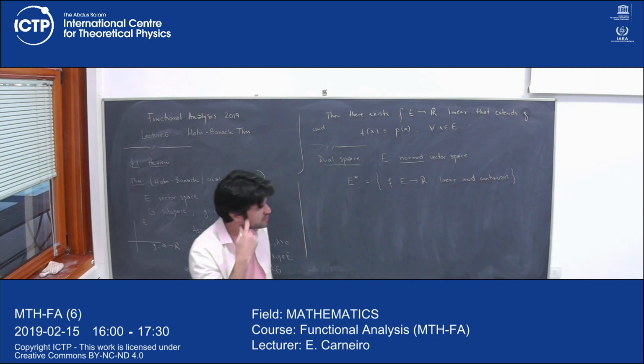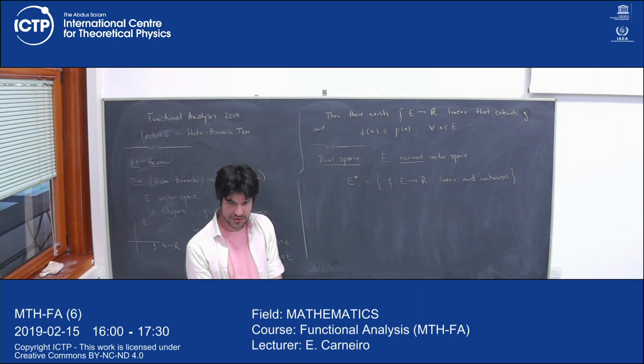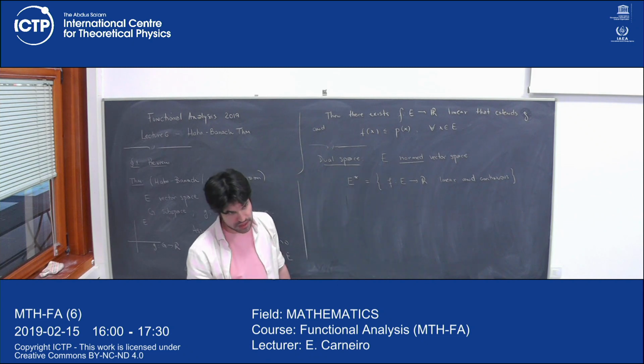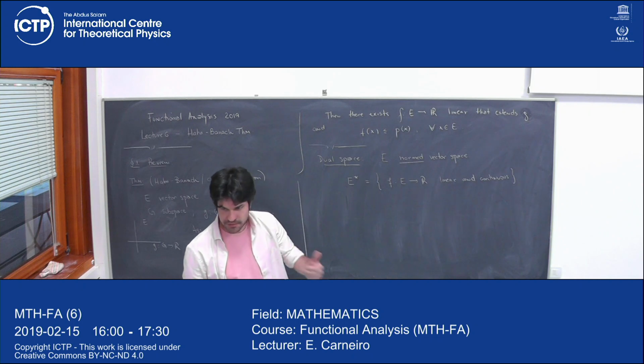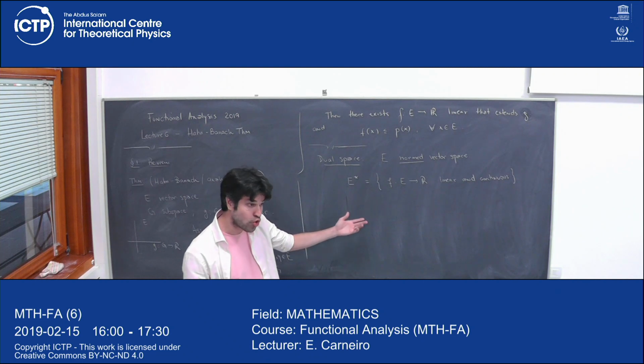In other words, it's the space of all continuous functionals. So this is called the dual space. It's obvious that you can take two functions f and g and add them up, or you can multiply by a scalar. And this has a norm.